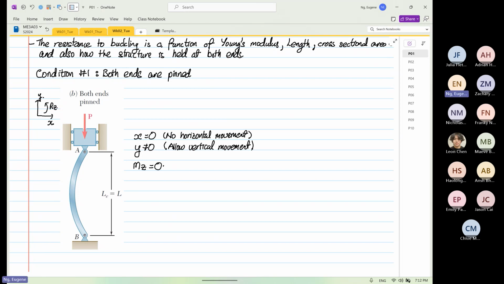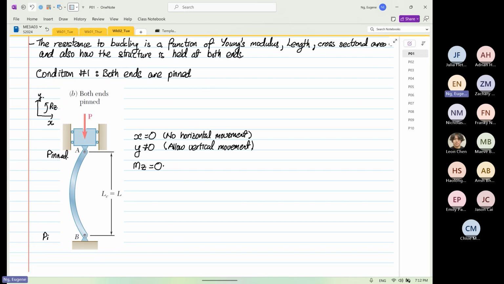And then if we look at moment about z at point A, it is equal to 0. Okay, so some of you might say, how do we know that's equal to 0? Like what I told you before, if we remove the support at point B, this beam can rotate left and right about the pin at A. So as you can see, point A is pinned.